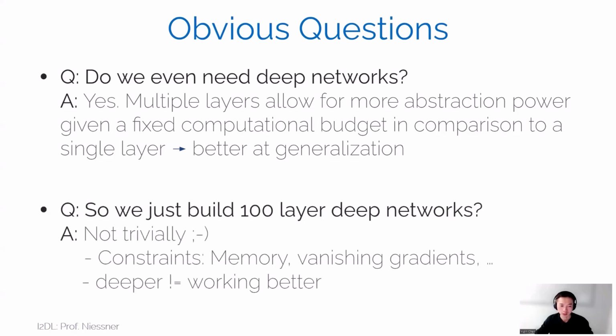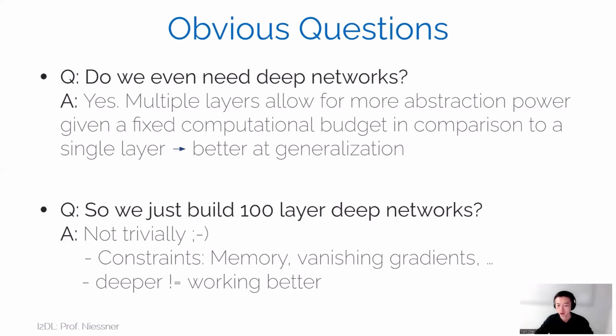So the second question might be why we do not just build a very deep neural network like 100 layers. The question is not that obvious. I mean, actually, there are some constraints.